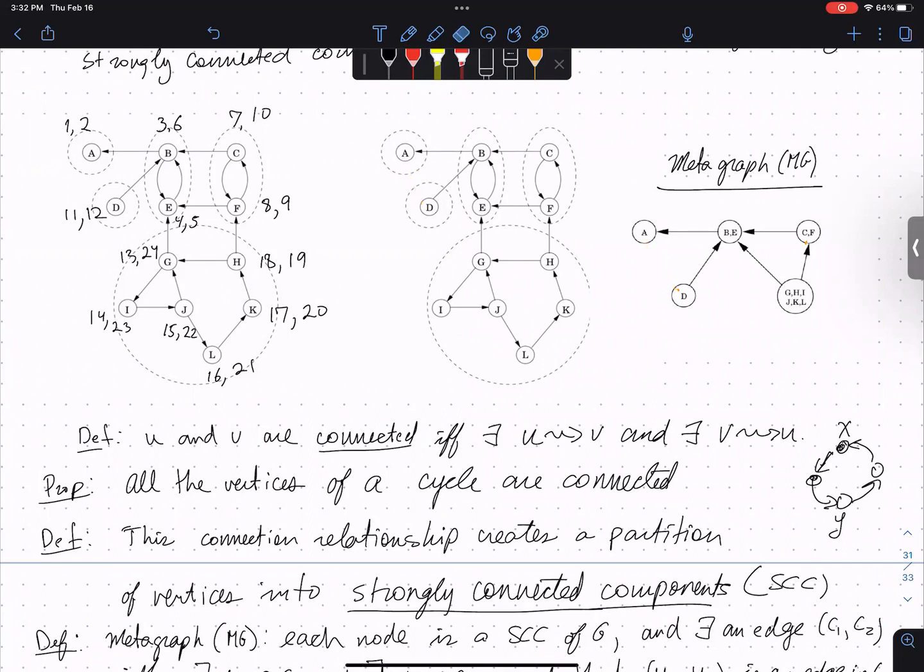What would create a cycle? A to D, good. So A to D, let's say we have that. Then we would have to have this edge. So that means that if we have this cycle of components, we will have a corresponding cycle in here.